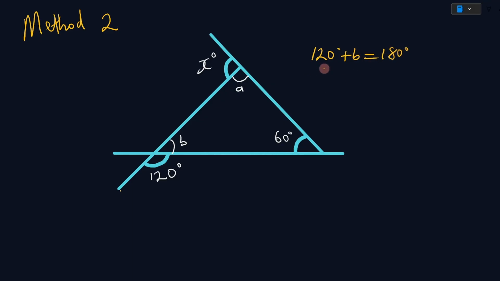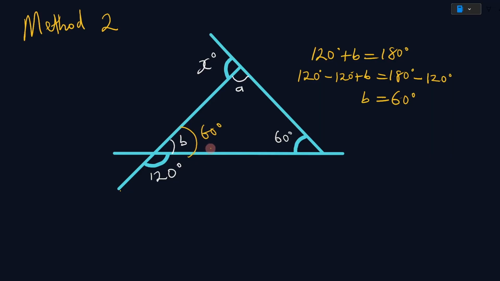If we subtract 120 degrees from both sides, 120 minus 120 plus B equals 180 degrees minus 120. 120 minus 120 gives us 0. That means B will now be equal to 180 degrees minus 120 degrees, which gives us 60 degrees. So our B here is 60 degrees.